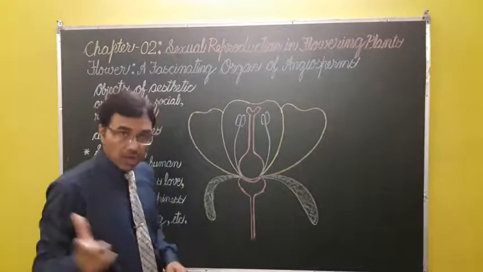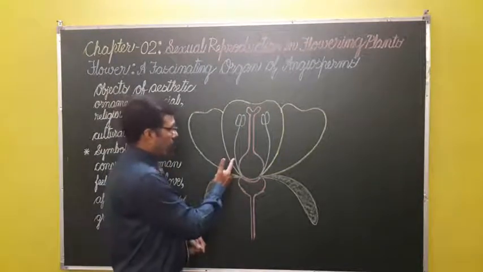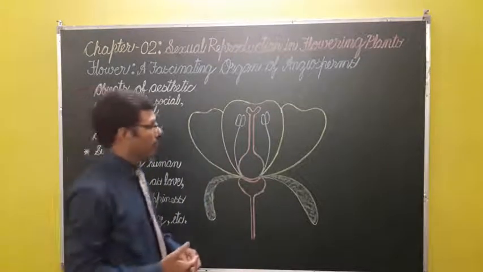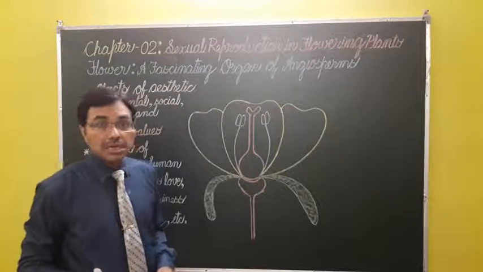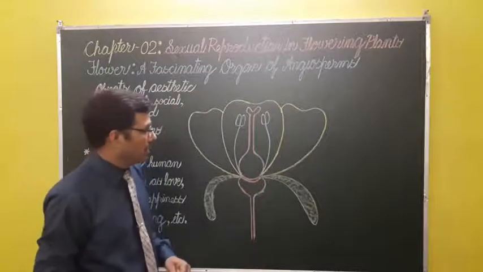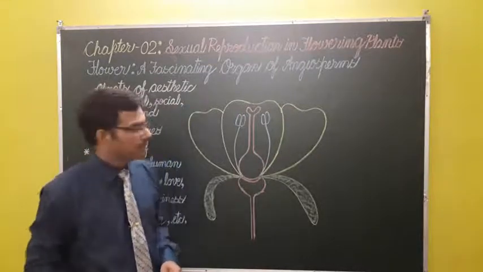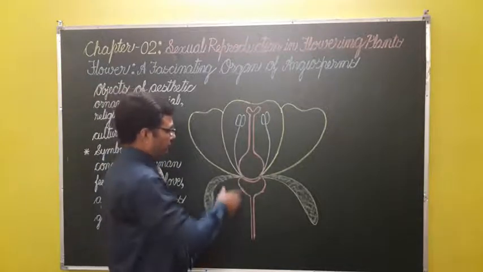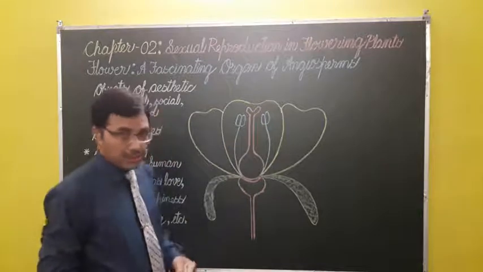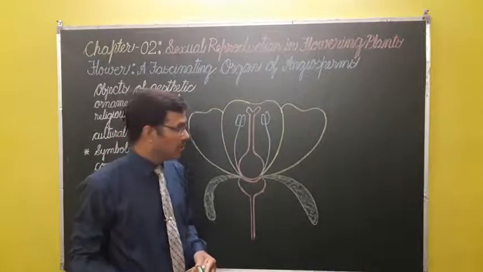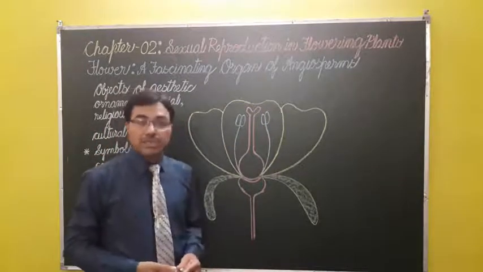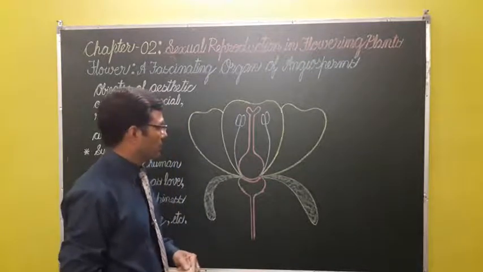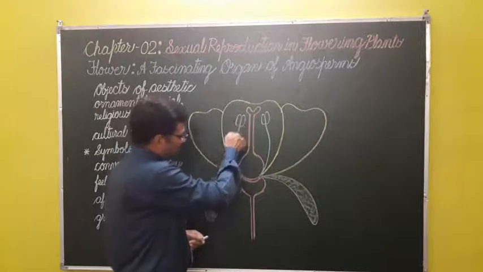But when we talk about the androecium and gynoecium, they are responsible for reproduction because they produce gametes, and that is why they become the essential whorls of a flower. Now when we talk about the androecium, as I told you, it is made up of unit structures called stamens. So this is a stamen.